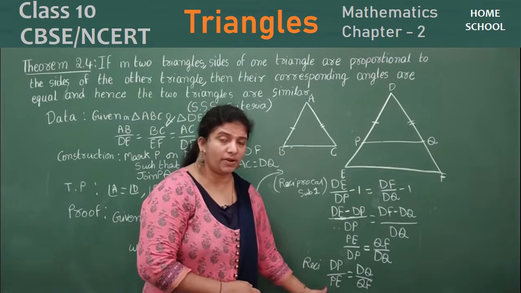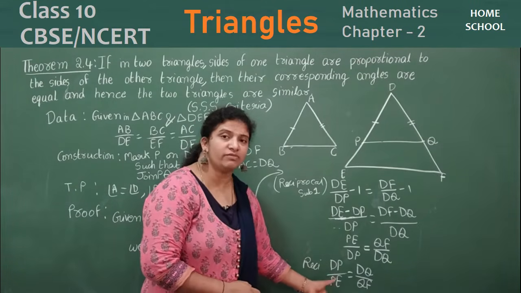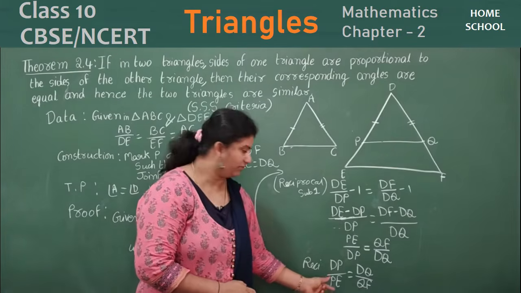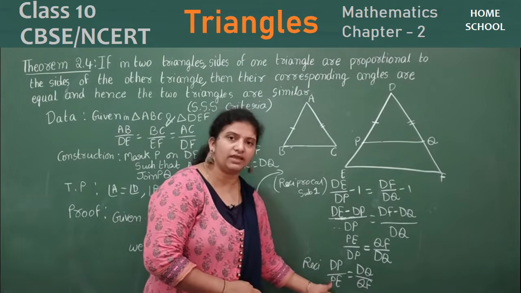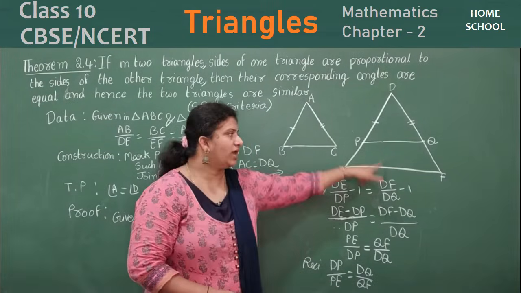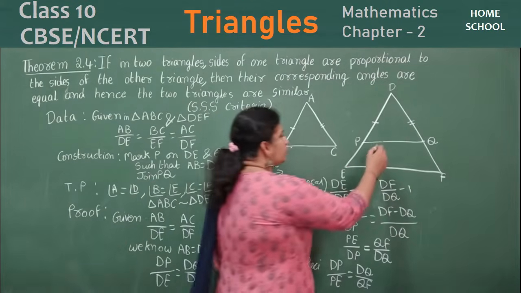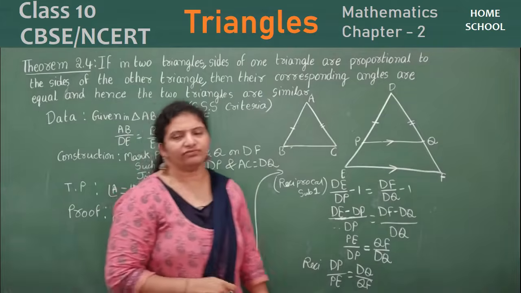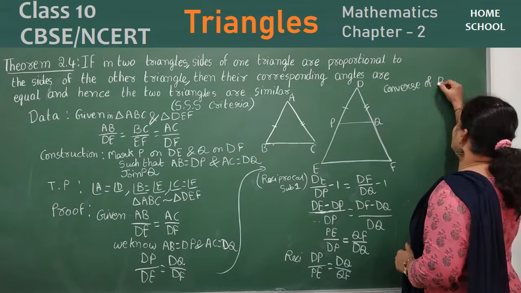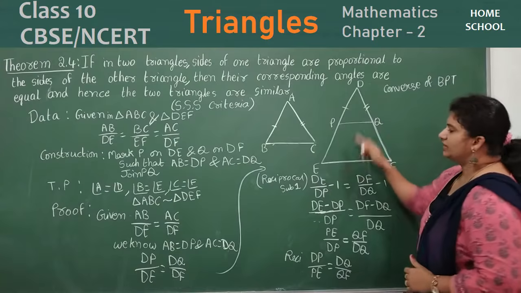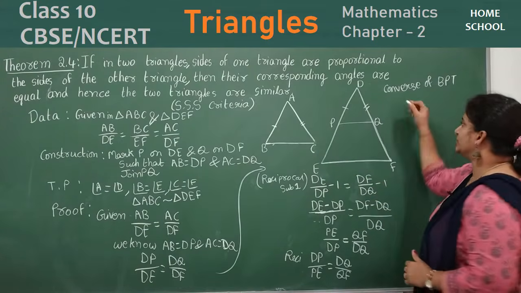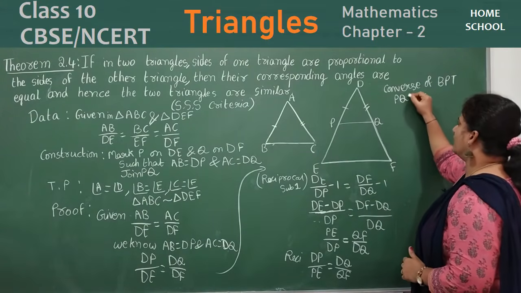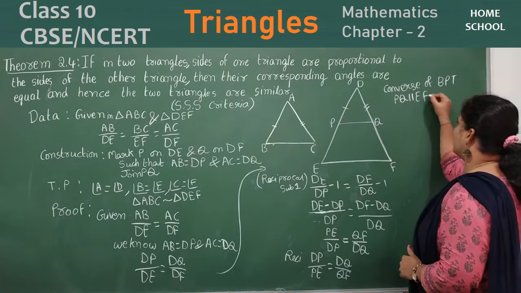Ratios are in proportion. By the converse of the basic proportionality theorem, if these ratios are in proportion, the two lines are parallel. Which two lines? PQ is parallel to EF. By the converse of BPT, the ratios are in proportion. Therefore, the lines are parallel.